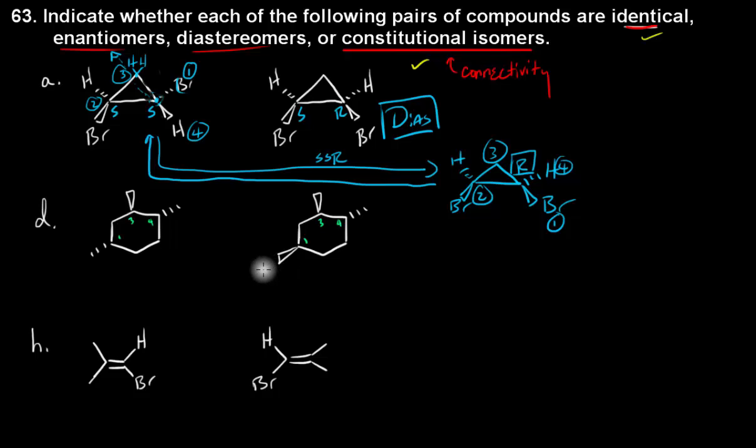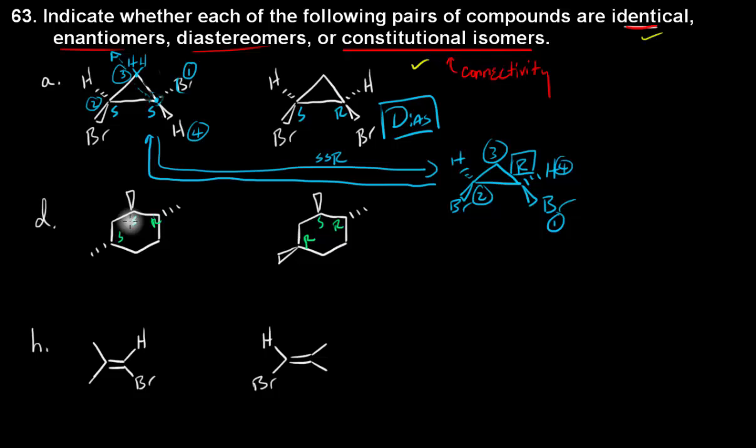Okay. So what we need to do is we can either go through all this hoopla of trying to figure out the single swap rule and figuring out R and S, or we can just look at it and see, well, what if this was an S? If this is an S, then this must be an R. I have no idea if that's right or not, but if it was an S, this is an R. If this is an S, then this is an S. And if this is an R, then this is an R. And again, I have no idea if the R's and S's are the same, but this is just to illustrate a point.